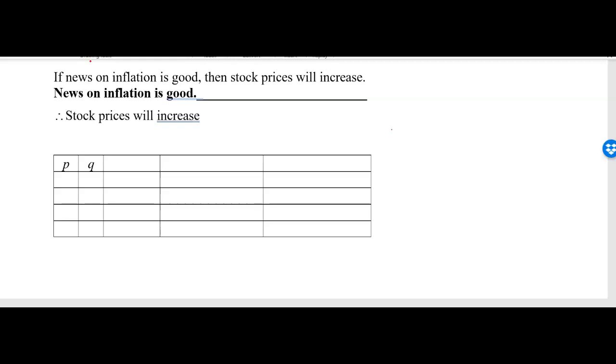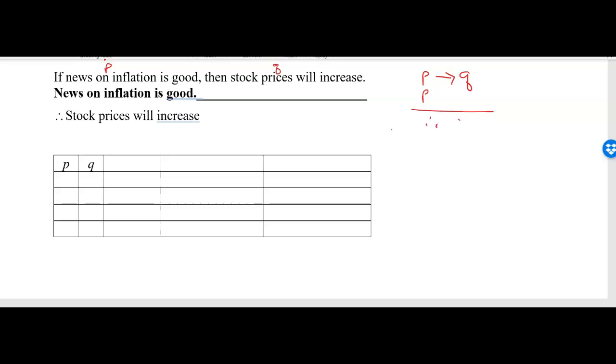Okay, so let's put this into symbols first. If news, so let's call this P, and this one will be Q. That means if P, then Q. The next one says news on inflation is good. That is P. Therefore, stock prices will increase.